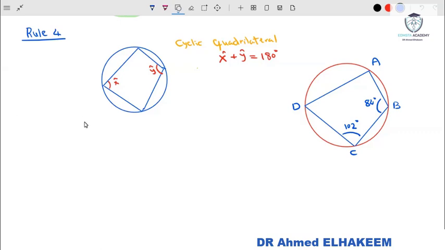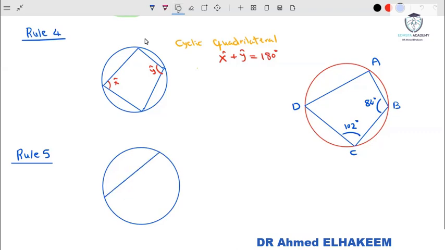Rule number 5. When we have a circle like that, and we have a segment, this chord, and this is another chord, and this is another chord.